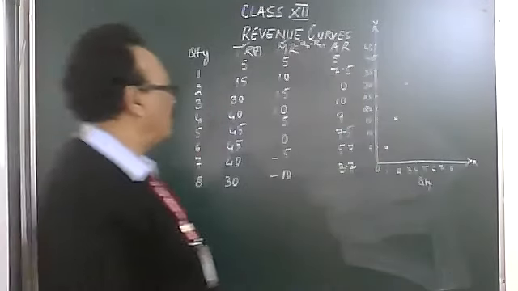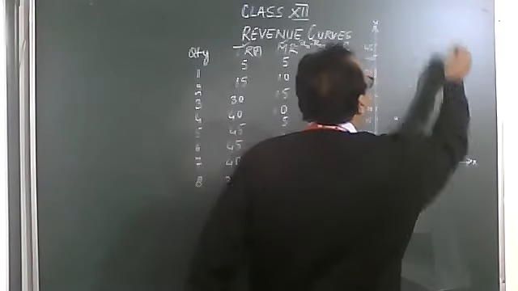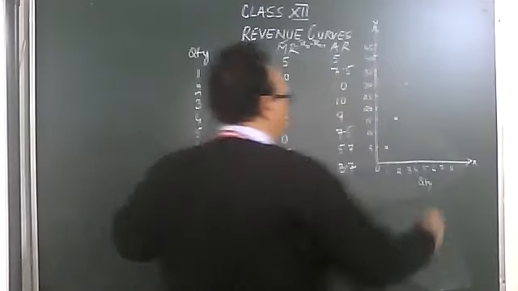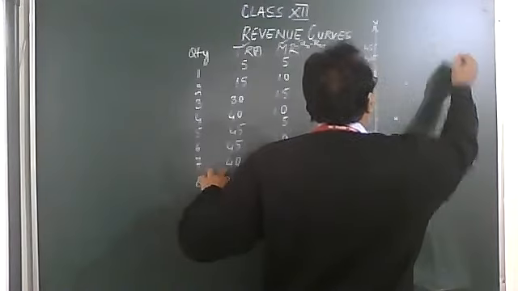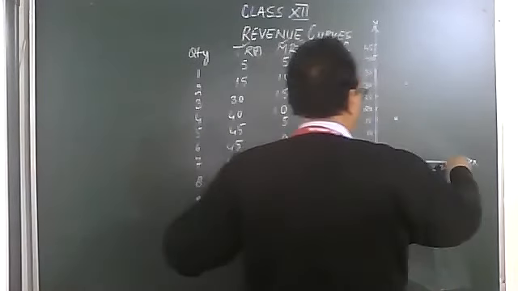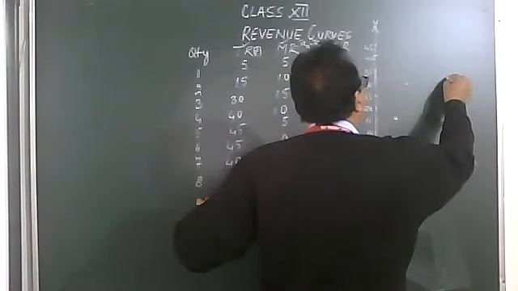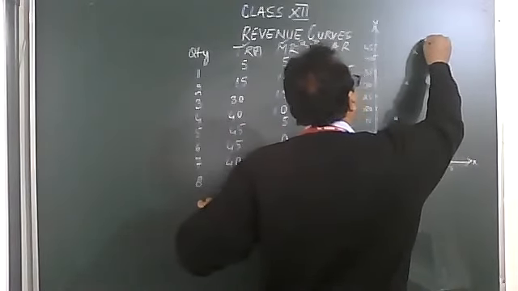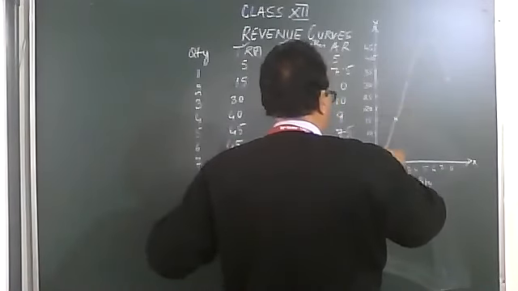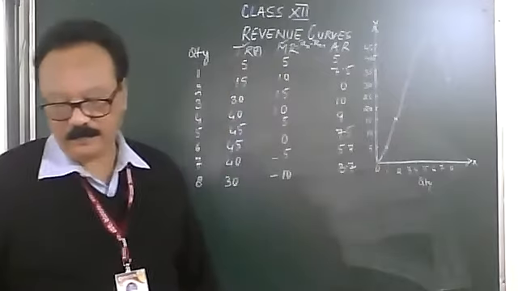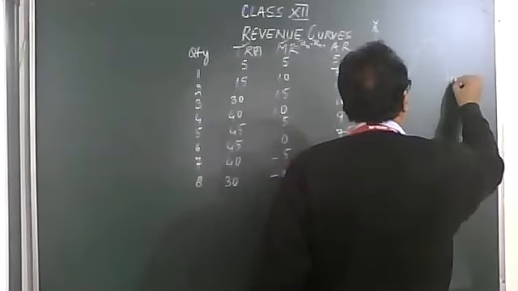6 is 45 as well. 7 is 40. 8 is 30. Joining the points and bringing it down to the point of origin, we get our TR.